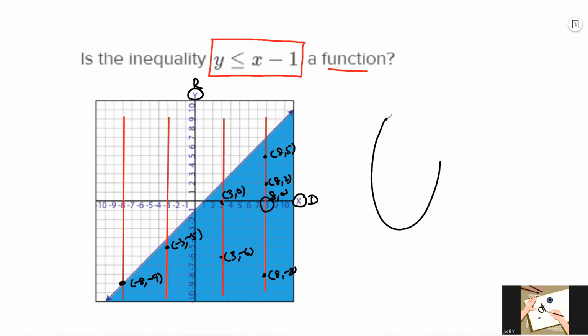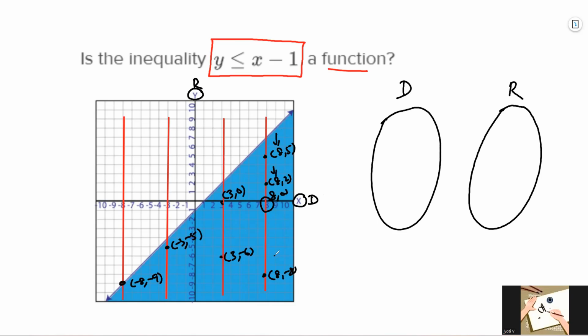Let's draw the domain set, which is the input of a relation, and the range set. What are the elements in the domain set? Everything that you see in the first coordinate. In the coordinates, the first number is the x information, the domain set elements. So we have here 8, we have here 3, we have here -3, -8.